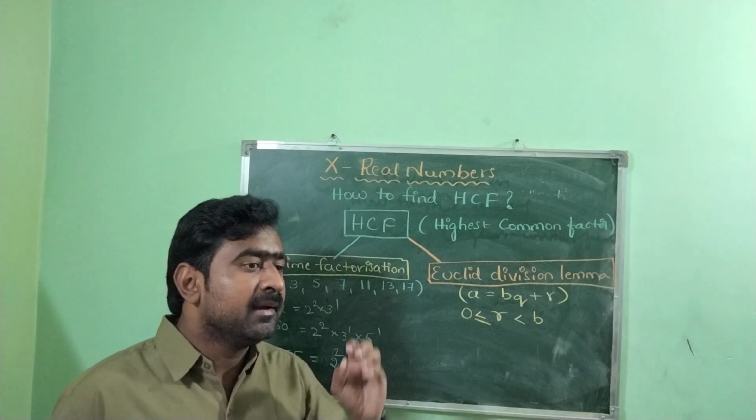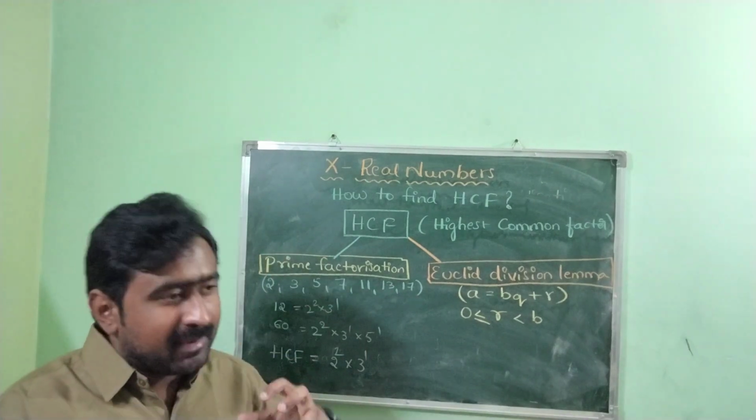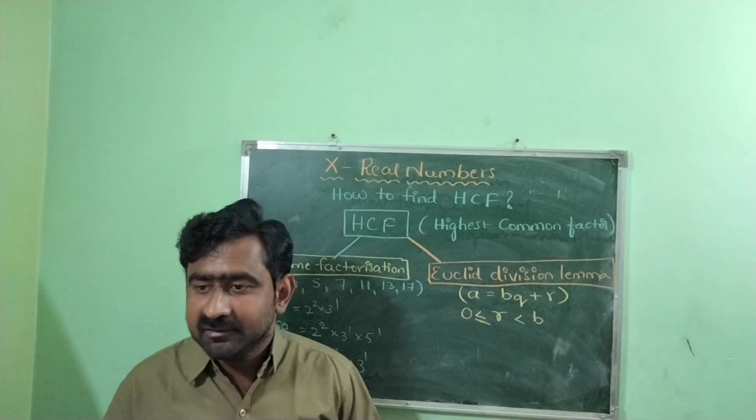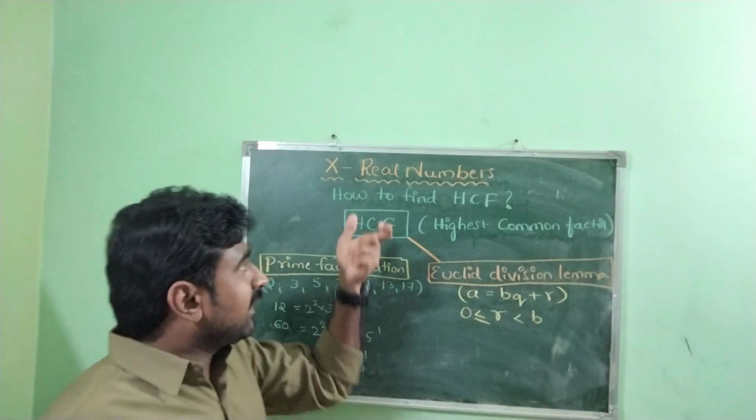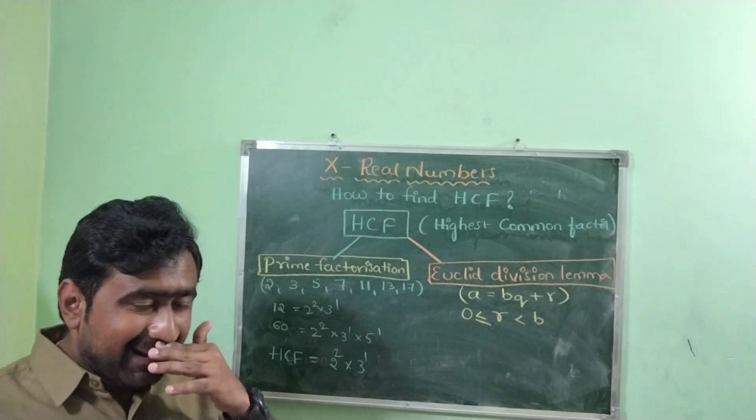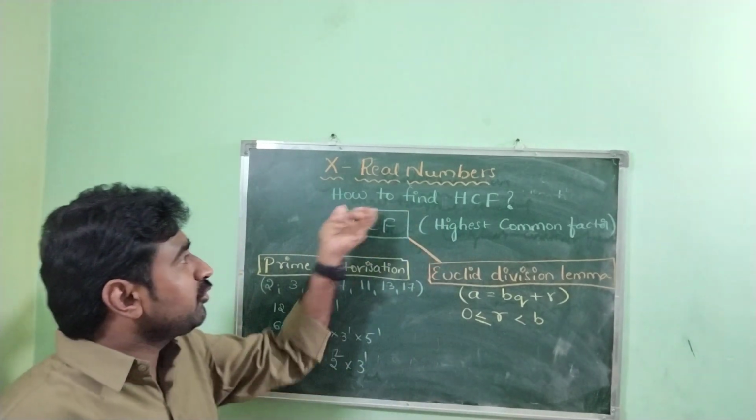Combining both rational and irrational numbers, we get the real numbers. Now let us enter into the main concept, how to find the HCF.